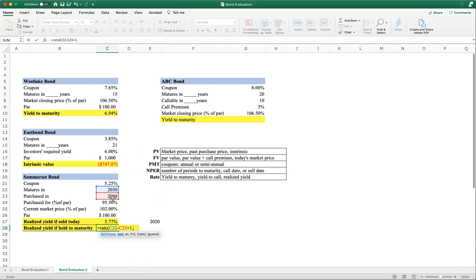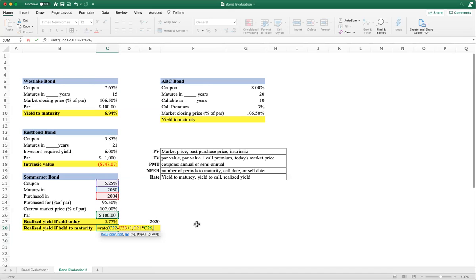So the present value, of course, is when you bought it, so it's 95.5% multiplied by the par value, and oh, we need to calculate the payment in this case. So the payment is, again, the annual coupon, 5.25% multiplied by the par. And the future value is going to be when it matures. So it's going to be what?